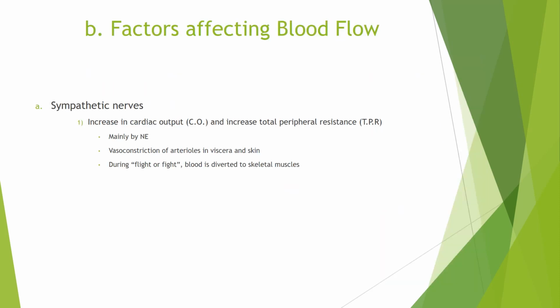So no surprise here, some factors that affect blood flow include the autonomic nervous system. These effects are not going to be equal to all organs, but rather based on organ needs of blood flow. So let's begin with sympathetic nerves, where we'll have an increase in cardiac output and an increase in total peripheral resistance. This is mainly due to the release of norepinephrine, which will bind to alpha adrenergic receptors.